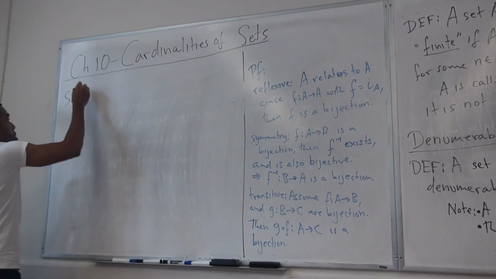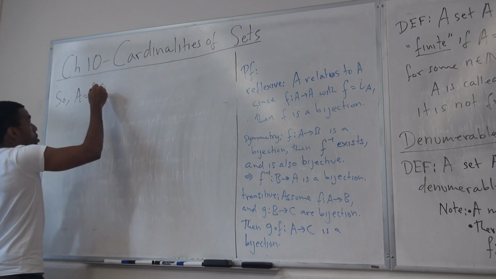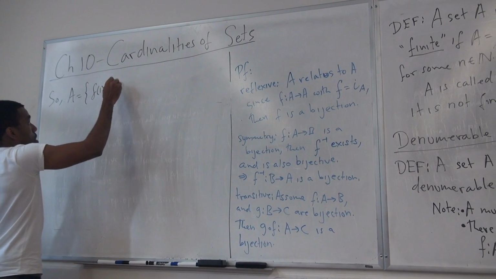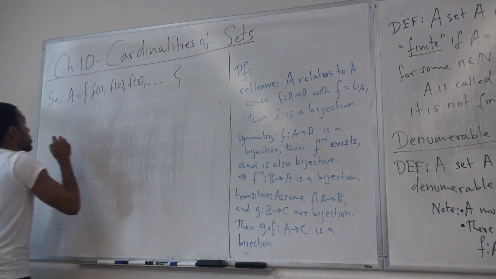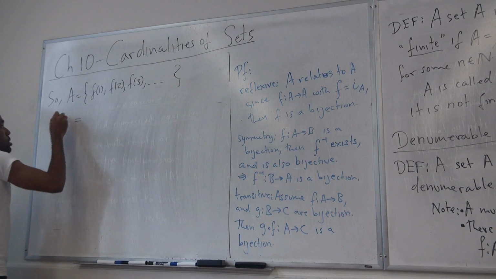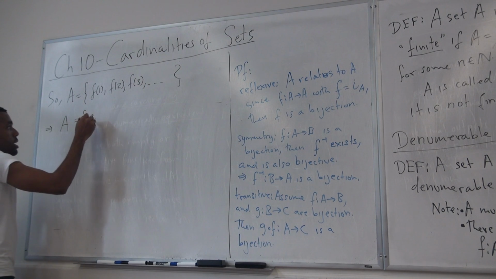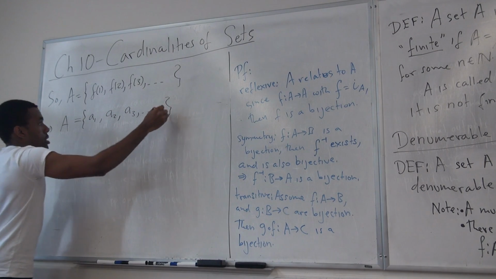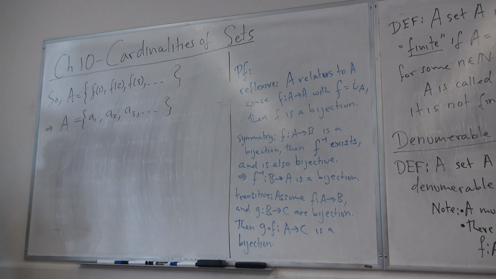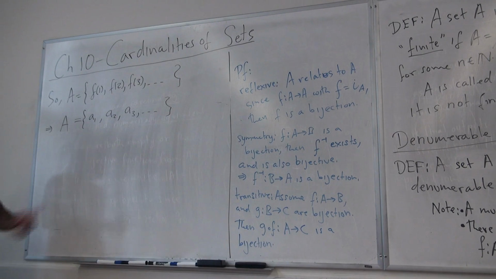So I can think of the elements of A as the outputs of this function: f of 1, f of 2, f of 3, going on forever. And I just rename these: call this one A1, that one A2, that one A3, and it goes on forever. So if A is denumerable, it's listable.